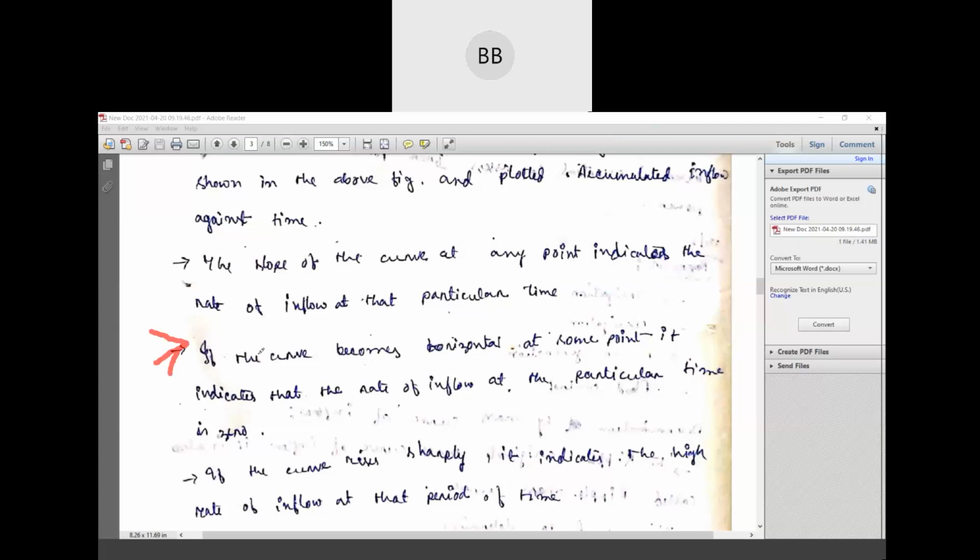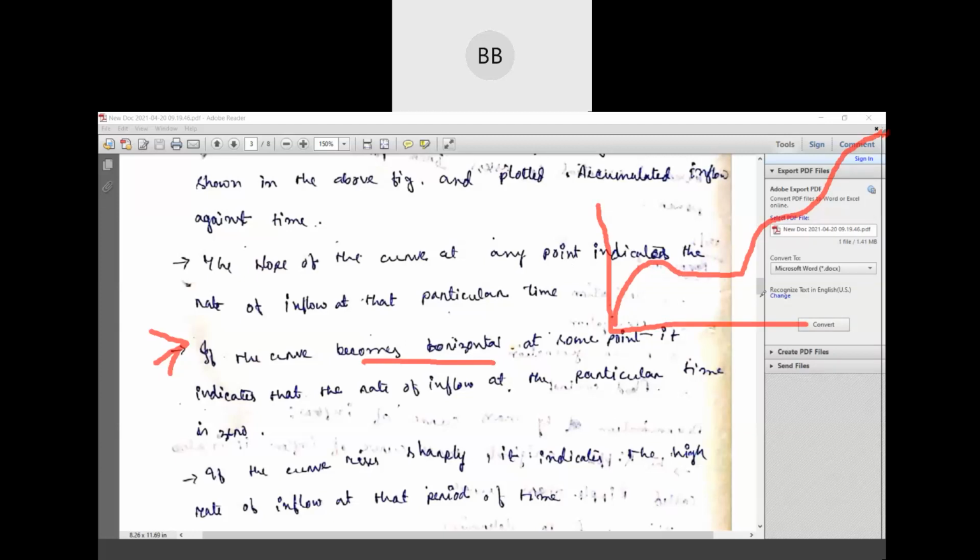So the third point is if the curve becomes horizontal. We have already discussed that it is a continuously rising curve. If for some reason it becomes horizontal, with this as your x-axis and y-axis, it rises, then becomes horizontal, then again rises, and follows that pattern.